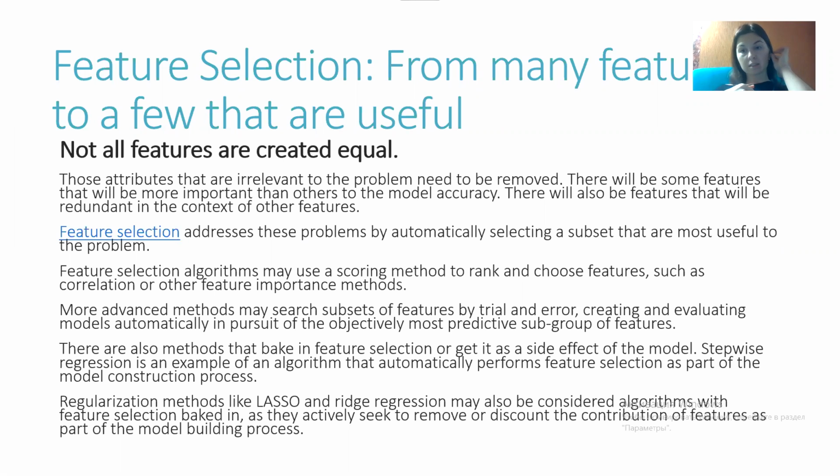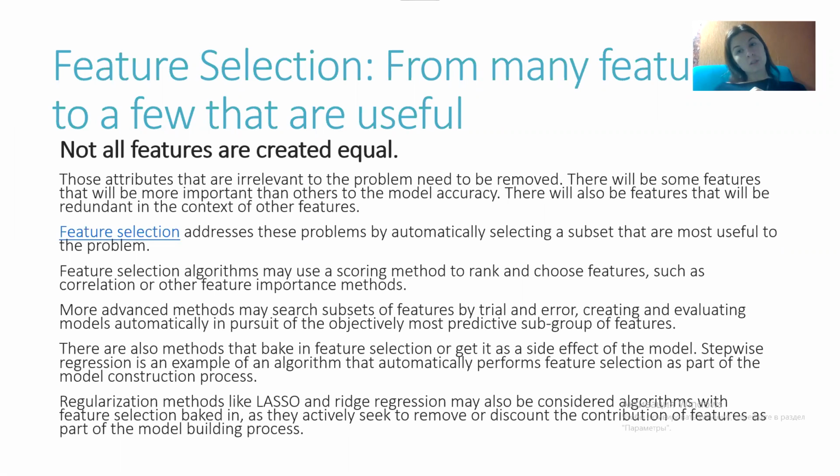We need to select and rank all our features in terms of influence on the future model. So from many features, we go to a small number of features which are useful, and we need to prove this usefulness. So not all features are created equal.